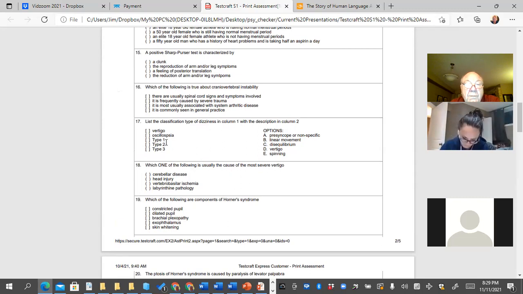I think the last time we were talking about 17, most of us that were online that day were a little bit confused because you had dizziness listed on both sides. I mean vertigo rather. But if you then look at this, list the classification type in column 1 with the description in column 2. So vertigo is a type of dizziness, type 1 dizziness, and it's a subtype of type 1.